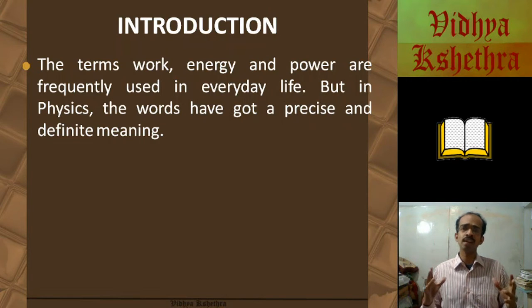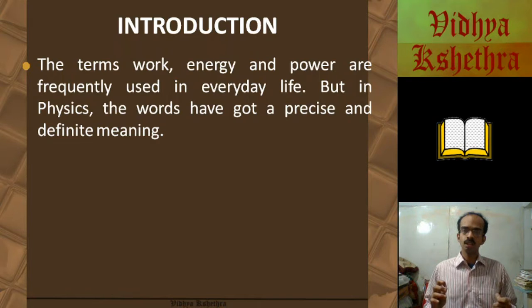In our everyday life, we may refer to work as a man lifting a heavy load, a student studying, and energy is defined as the capacity to do work. It's similar to what the physics meaning states, and power is the rate at which this energy is spent.